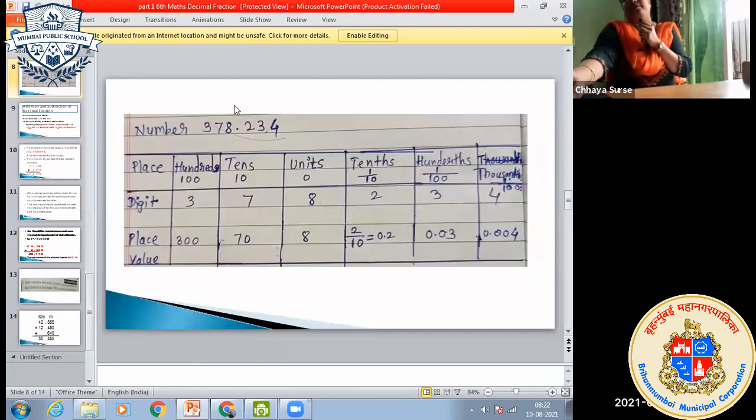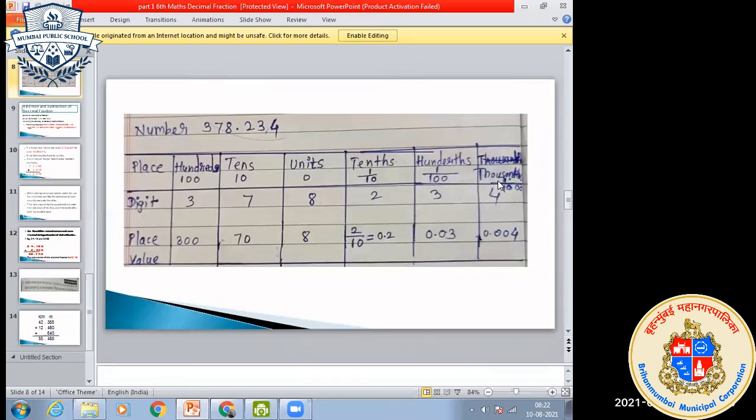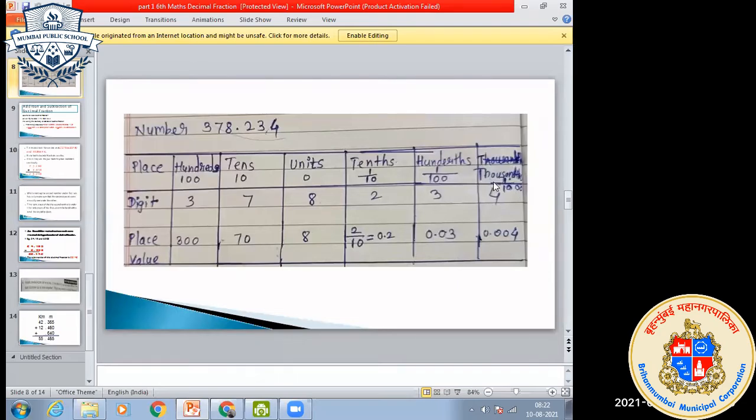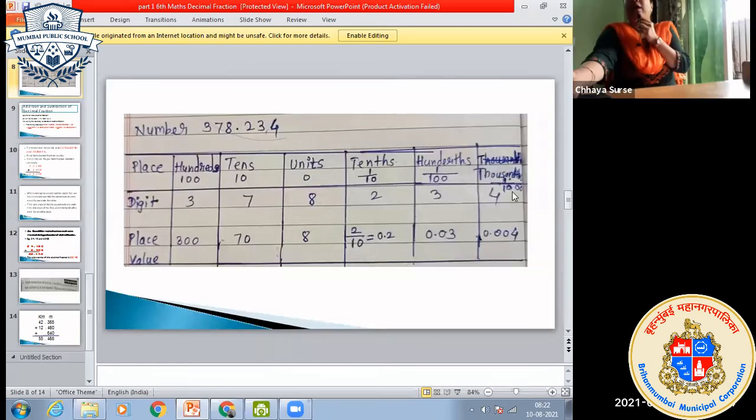So the 4 fraction will be the decimal fraction in the fraction form: 4 upon 1000. Out of the 1000, we will take the 4 parts, means 4 upon 1000.